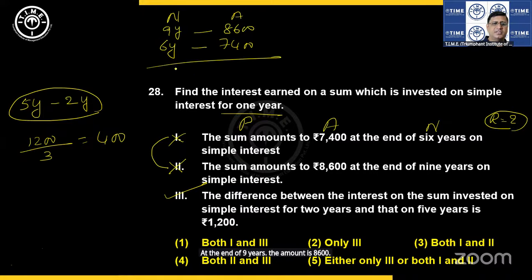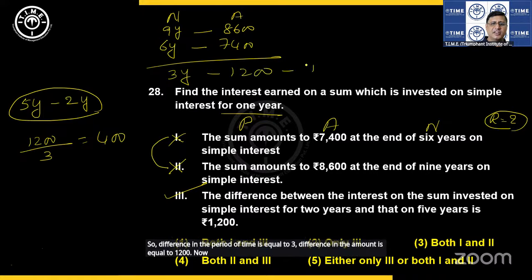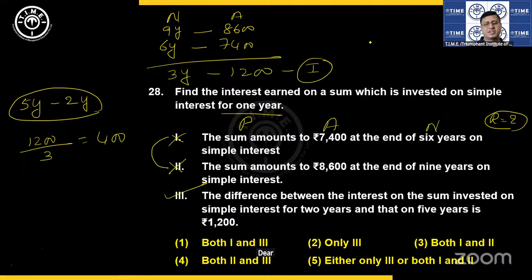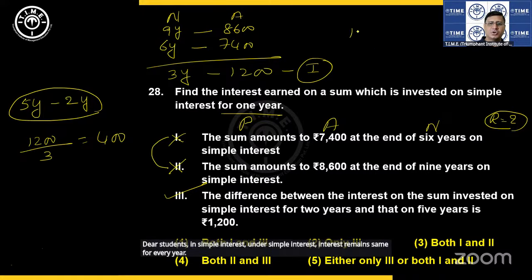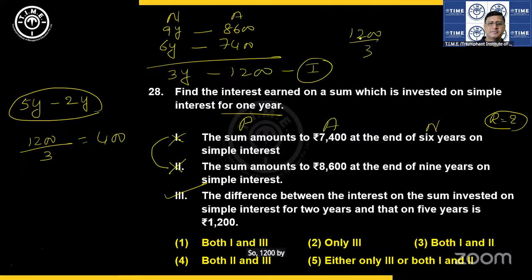So the difference in the period of time is equal to 3, and the difference in the amount is equal to 1,200. Now what does this 1,200 refer to? Interest for a period of 3 years. Dear students, under simple interest, the interest remains the same for every year. So 1,200 by 3 means the combination is possible.